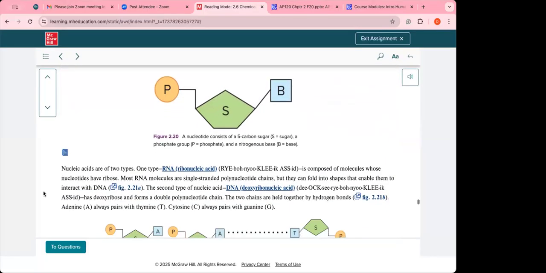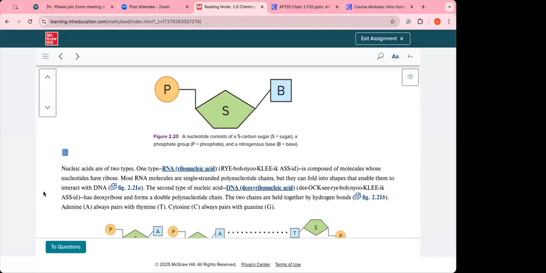Okay. Nucleic acids are of 2 types. One type, RNA, ribonucleic acid, is composed of molecules whose nucleotides have ribose. Most RNA molecules are single-stranded polynucleotide chains, but they can fold into shapes that enable them to interact with DNA.